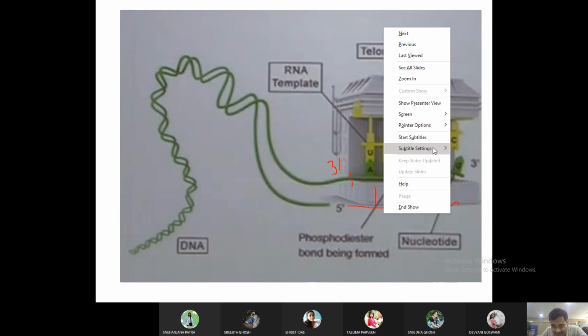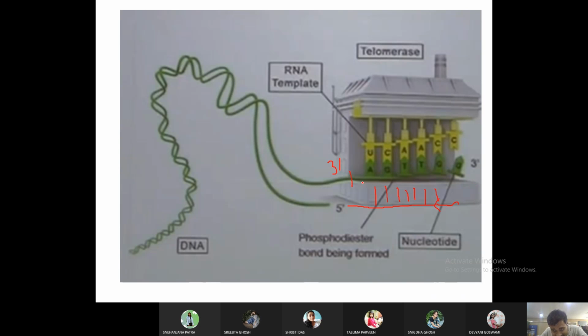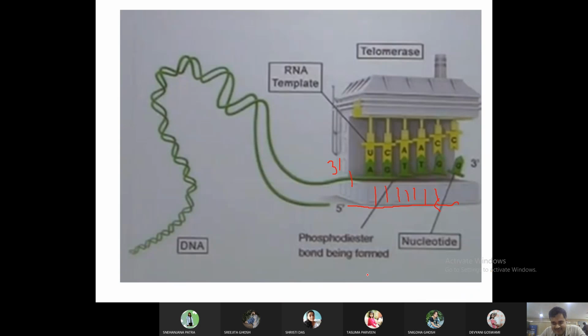The RNA primer is gone, but we have extended it so much that we don't need it. We can keep on extending it again by telomerase, and again initiate and fill up the gap. Again the RNA primer will be taken up, but we don't care. We will extend this template strand even further by this telomerase enzyme, which is carrying a separate RNA template, to extend it beyond the end of the chromosome.